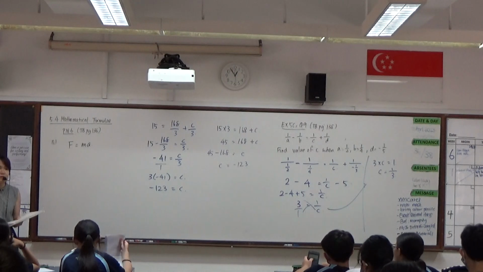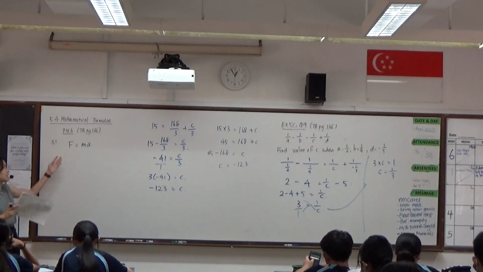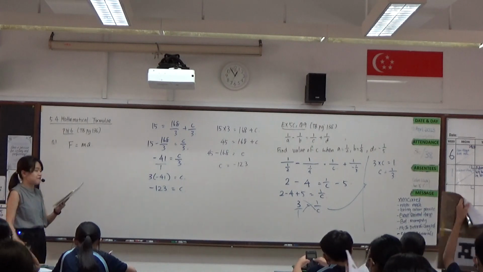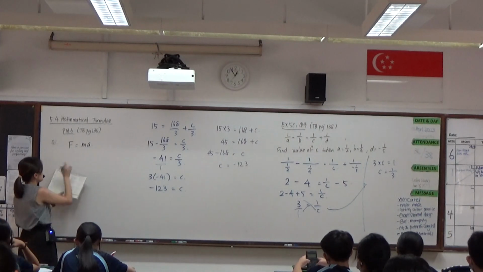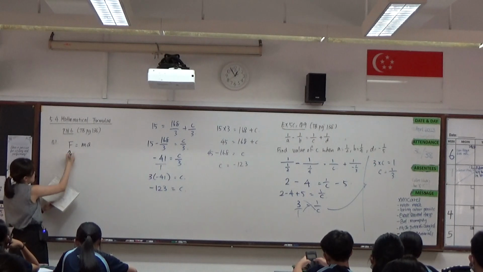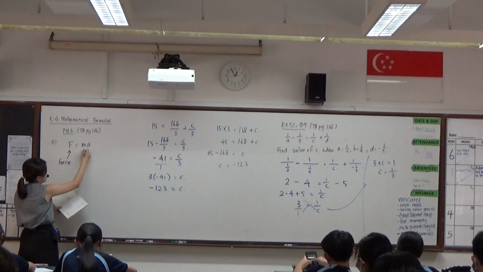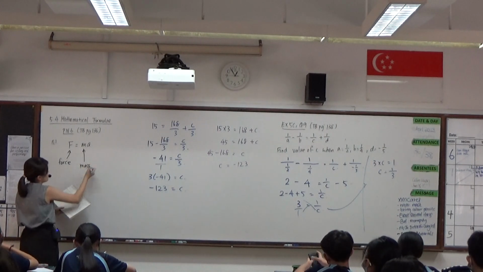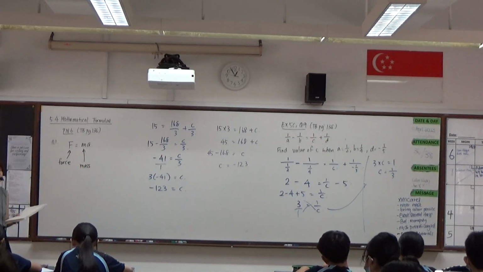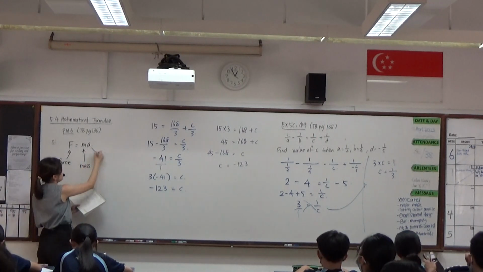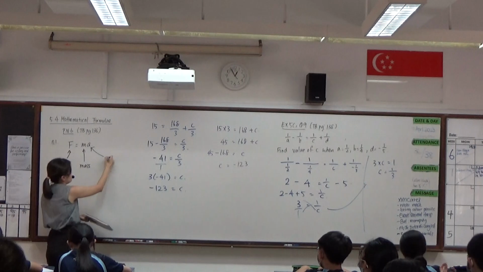F equals to MA. F equals ma. That's something you will learn in physics next time. The question says that F is supposed to represent force. M is representing your mass, like your weight, in kg. Weight is in newtons, you learn that later on in science. A is acceleration.